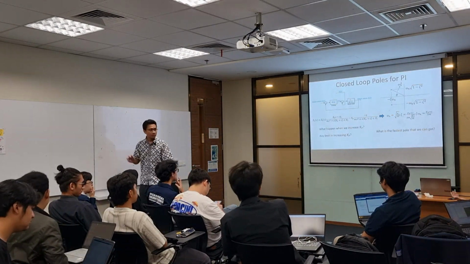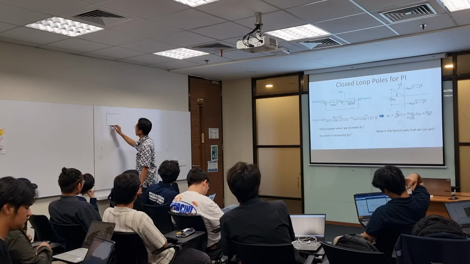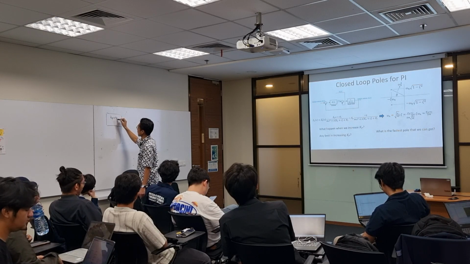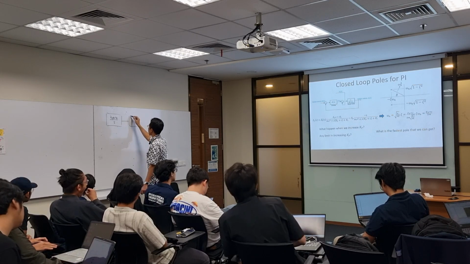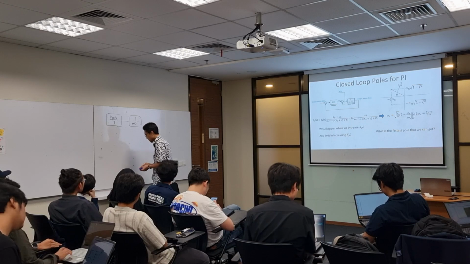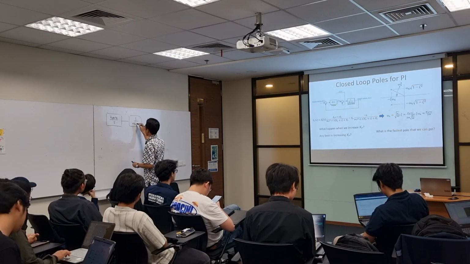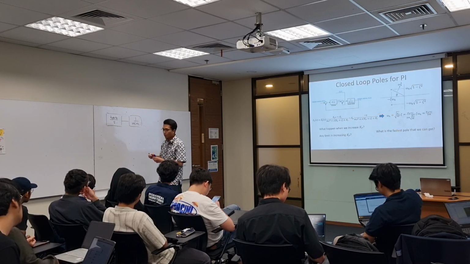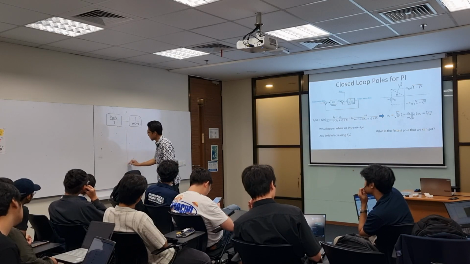Okay. So we have our system, Kp plus Ki over s, and this 1 over s (ms plus c). So we have an open loop zero, which I will draw here.